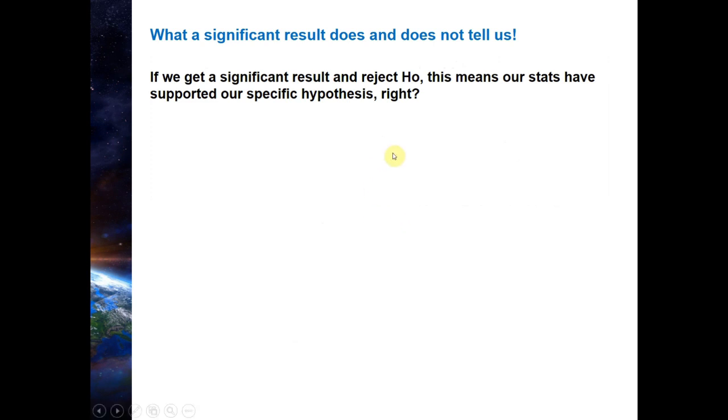All right. Now it's time to reiterate something that I said before. I think this was in lecture 1 of chapter 7, but it's really important. When we get a significant test result, so we calculate a TS and we determine that it's significant, what that means is that we have sampling error plus something else.